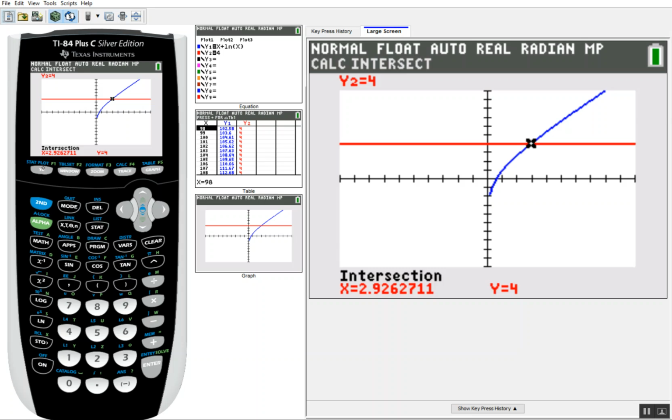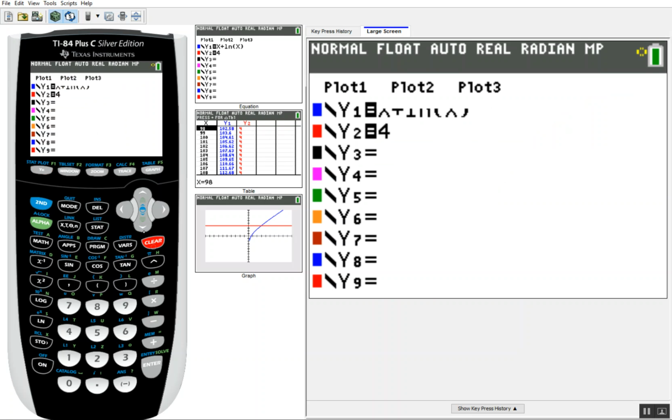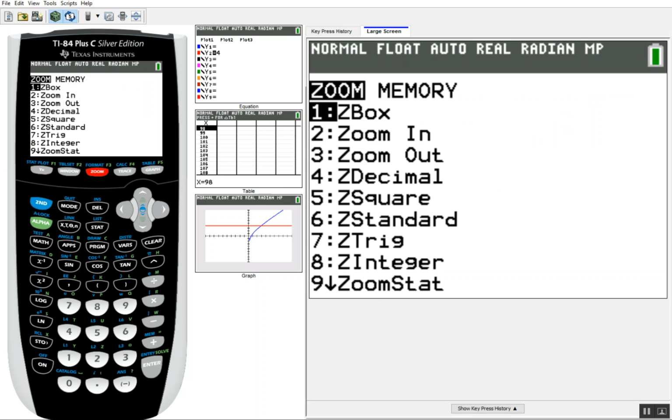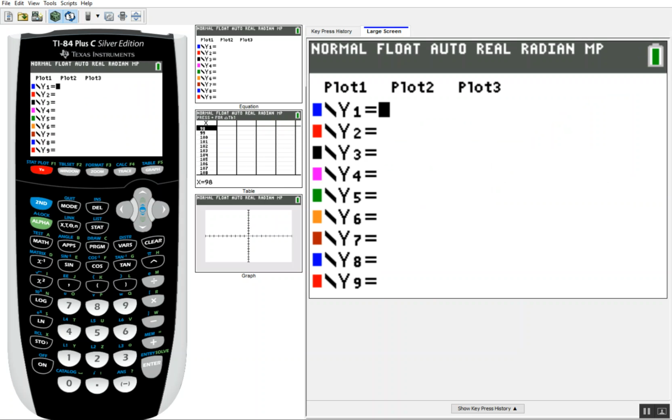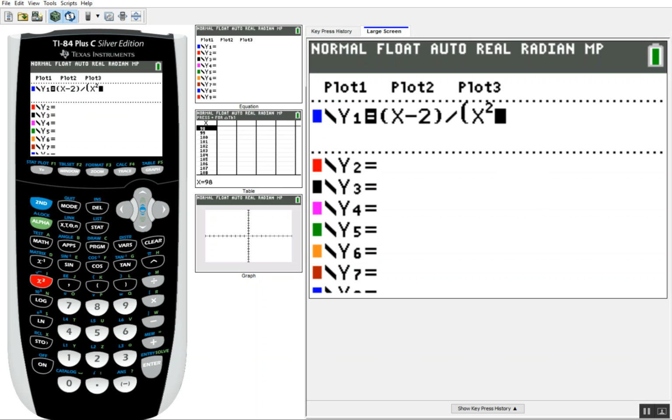So let's clear the previous example out from when we were solving systems here, and let's turn the zoom to normal. And let's type in x minus 2 divided by x squared minus x minus 2.